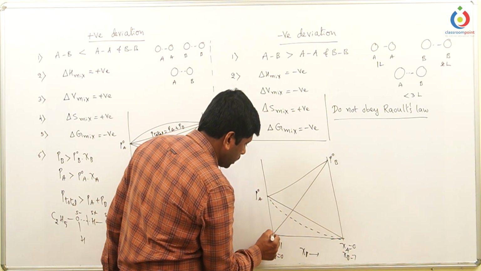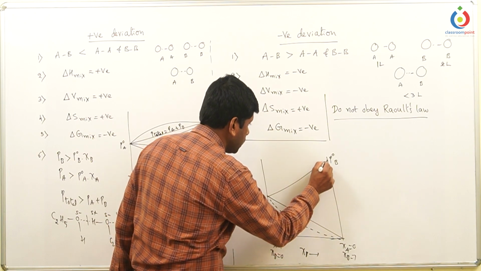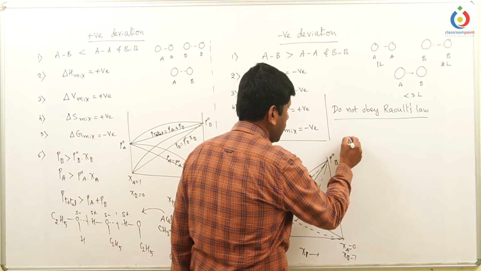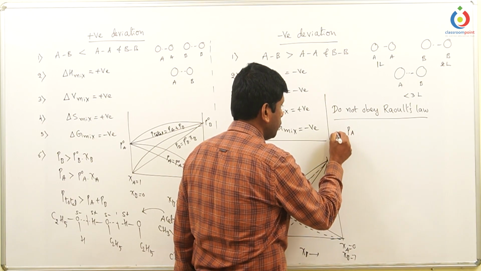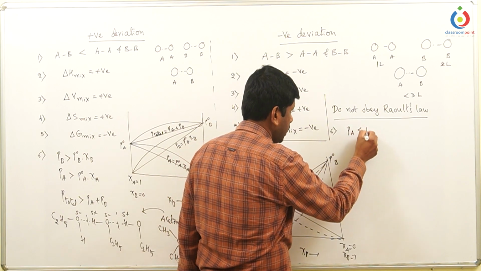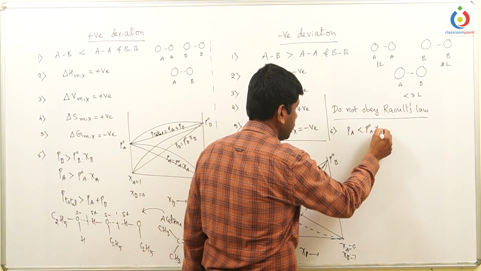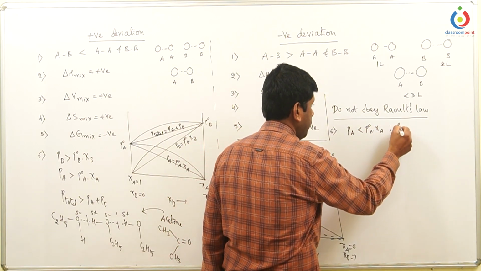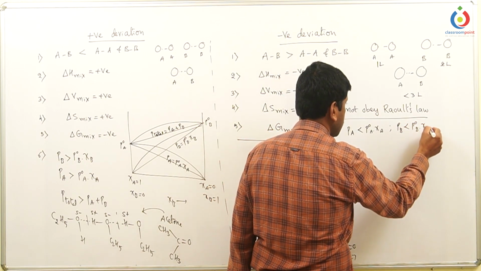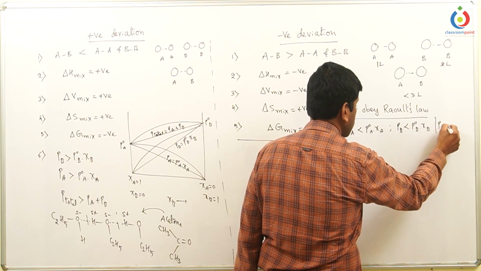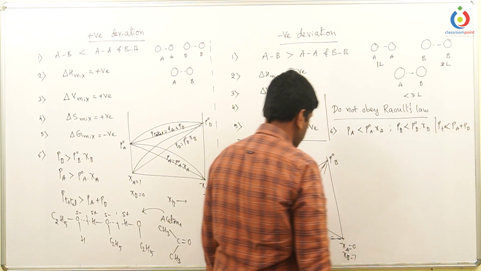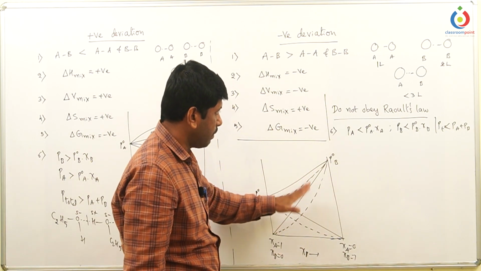Vapor pressure decreases here, here, and here. That means we can write that PA is less than P naught A XA, PB is less than P naught B XB, and P total is less than PA plus PB, because all are lower values.